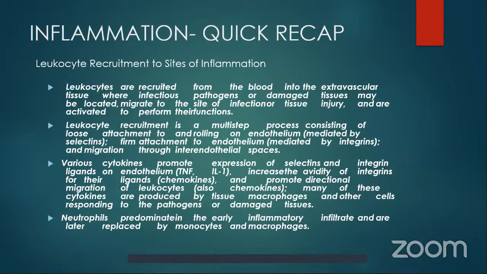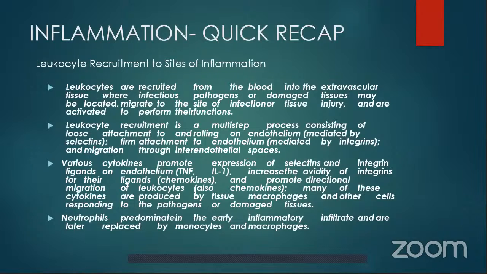There are a lot of cytokines which promote the selectins and integrins, which are the ligands on the endothelium, and through these integrins the leukocytes will move out of the blood vessel and then are pulled towards the chemotactic stimulus, that is the site where the tissue injury has occurred.